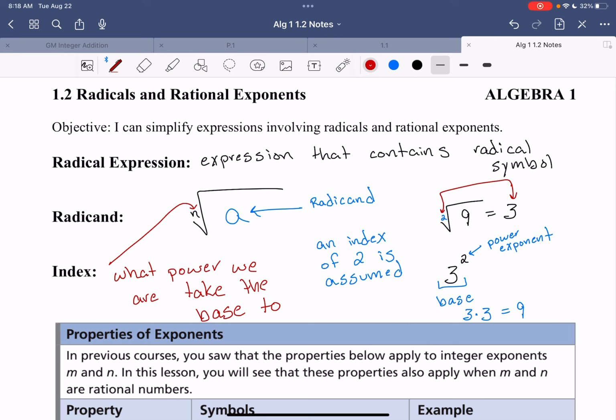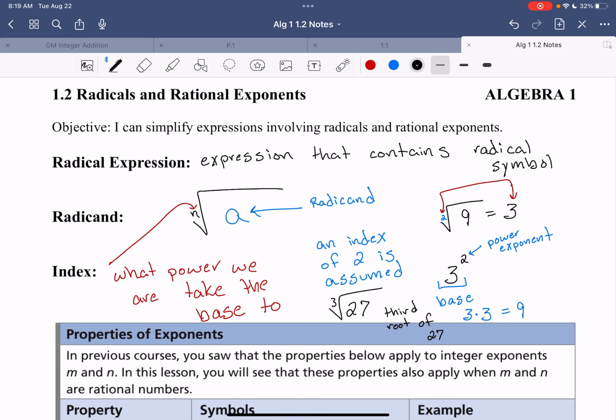It works that way whether your index is 3. So for example, we could have the third root of 27. We tend to use the word cube, the cube root of 27.